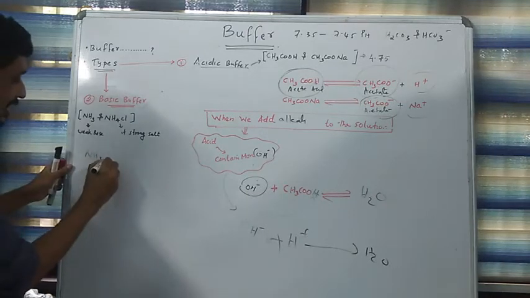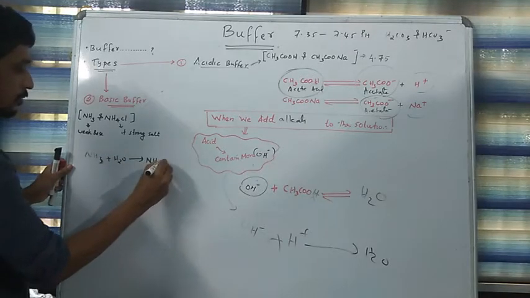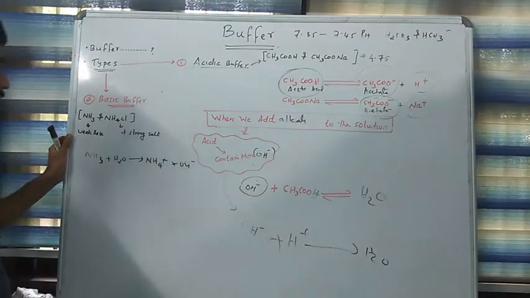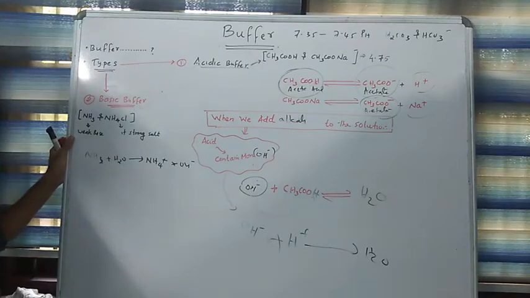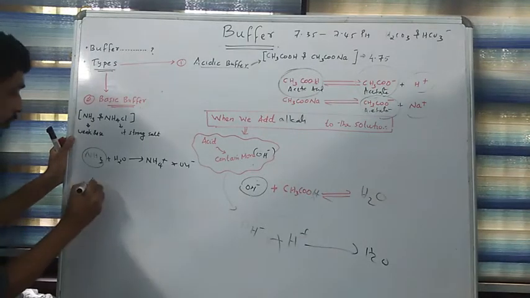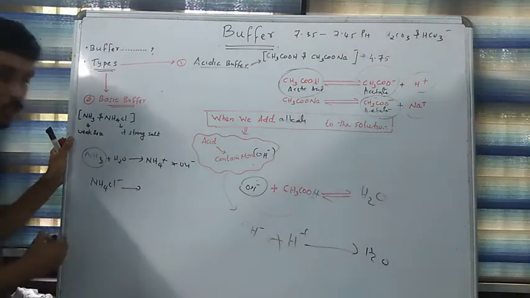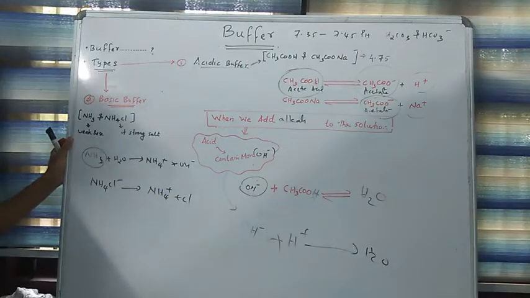So when this NH3 reacts with the water molecule, it gives NH4 plus and OH minus ion. But here the reaction rate is very low because it is weak. But NH4Cl is a strong electrolyte, and it completely dissociates into NH4 plus and Cl minus.